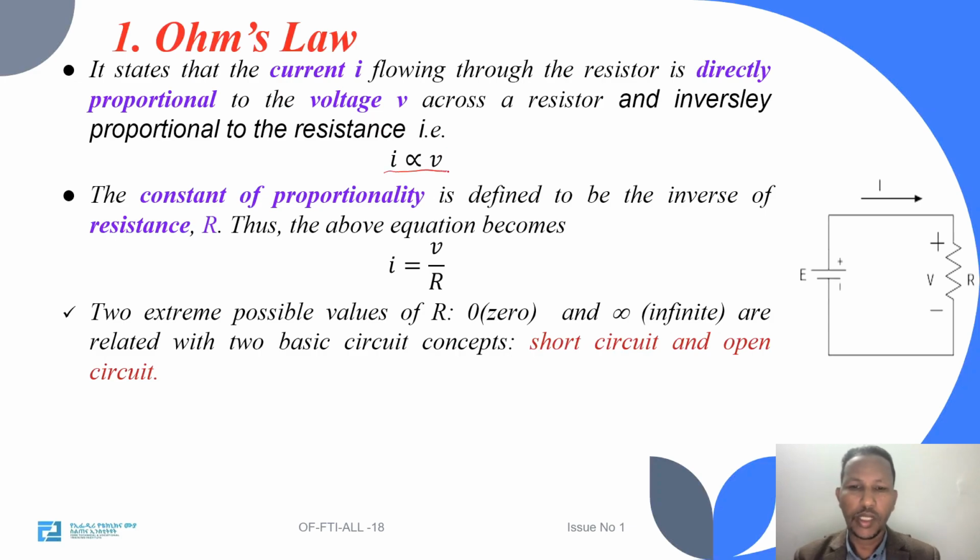As you can see here, the relationship between current and voltage: current is directly proportional to the applied voltage. So I can be represented by V over R, where the proportionality constant alpha is represented by 1 over R. That means when the voltage increases, the current passing through the resistor will also increase.